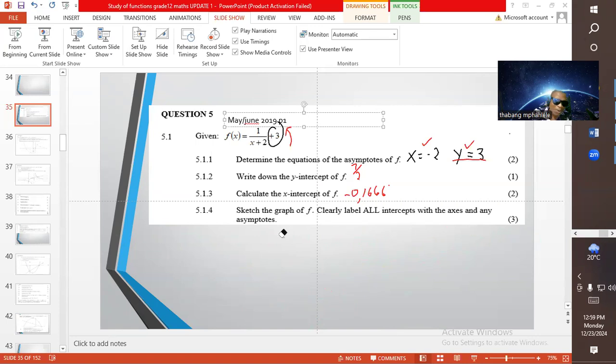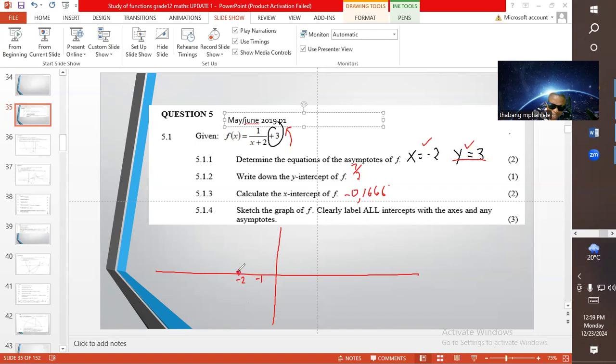So now we're going to say, okay, we are sketching the hyperbola graph. We should have the y-axis and the x-axis. The good thing is that in the exam, they will give you a Cartesian plane where you are going to draw your graph. Now, I will say my x-intercept is negative 2. So I know I have to have negative 1, negative 2.